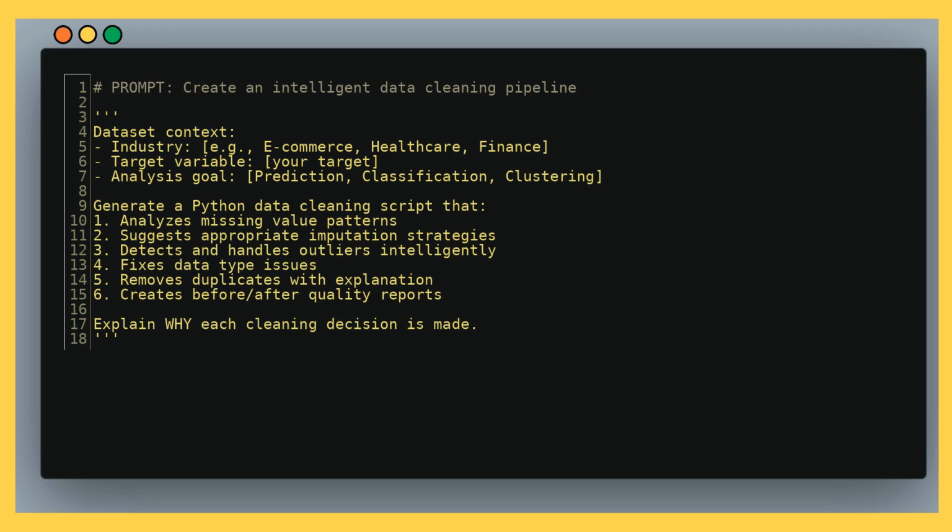This advanced data cleaning prompt template provides essential dataset context, including industry type, target variable, and analysis objective to help ChatGPT make informed decisions. The prompt requests a comprehensive Python cleaning pipeline with 6 key functions: analyzing missing value patterns to understand data gaps, suggesting appropriate imputation strategies based on the data distribution and context, intelligently detecting and handling outliers without blindly removing them, fixing data type inconsistencies and format issues, removing duplicate records with clear explanations of the logic, and creating detailed before and after quality reports to validate the cleaning process.